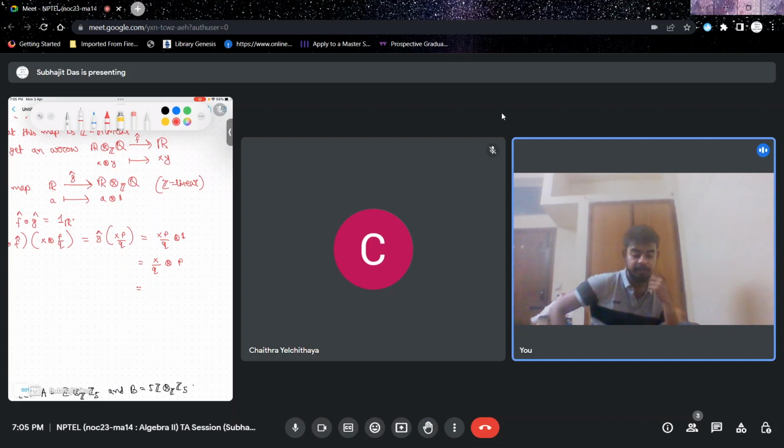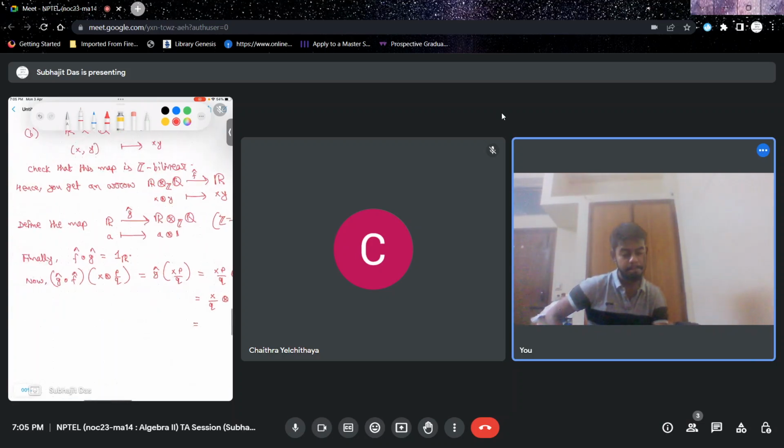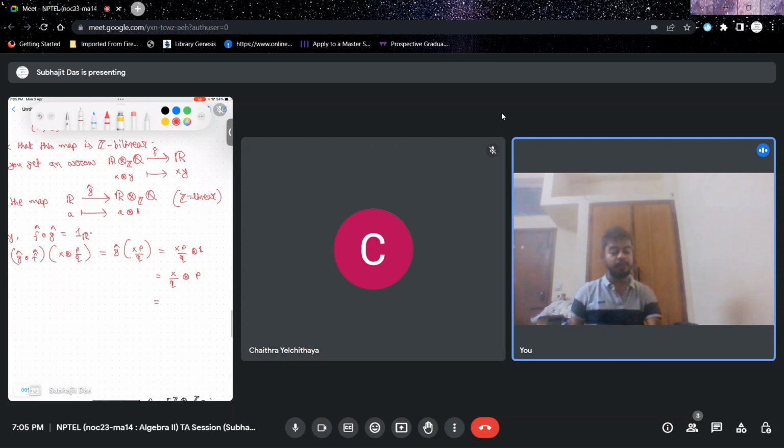You still don't have a over Q there, right? Isn't it? So my question is this: why is x tensored with P over Q the same as x over Q tensored with P? This is what we are stuck in.